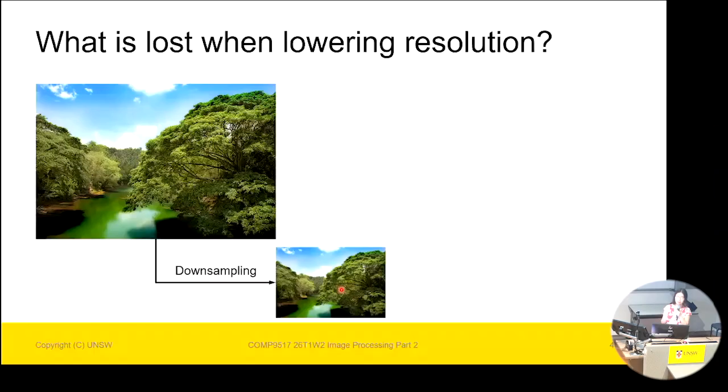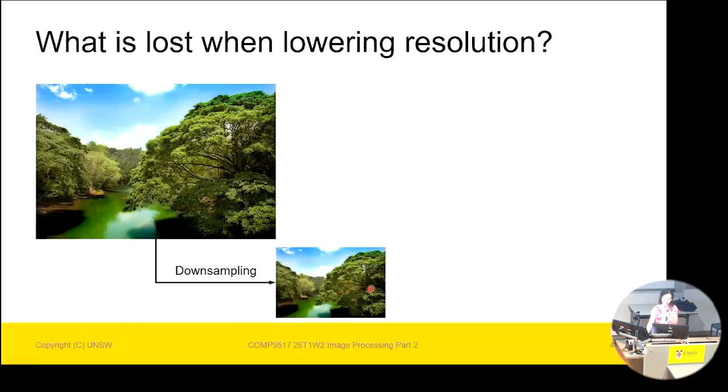Typically, how do we do this? You can just do sampling: every 4 pixels, you choose 1 pixel. That is one way. Another way is averaging: every 4 pixels, you average them, then you get 1 pixel to replace the 4 pixels. That's the simplest way if you don't do anything too fancy.